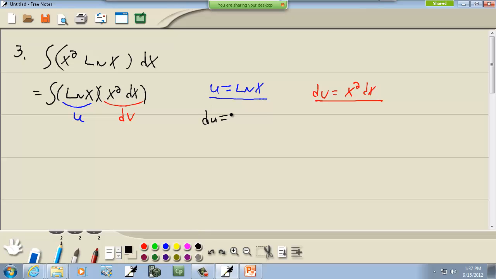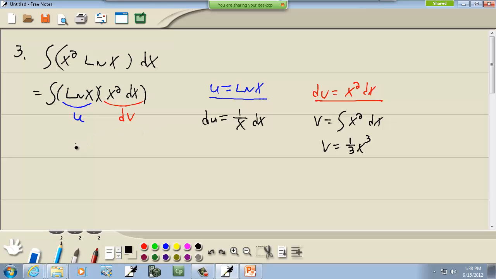Now I can find the derivative of natural log of x. It's 1 over x. Not sure where it's on your sheet, but it's 1 over x dx. Now here, I'm going to take the integral of x squared dx, add 1 to our power, divide by our new power. And we get that. Now notice we don't add a plus c on at this point.